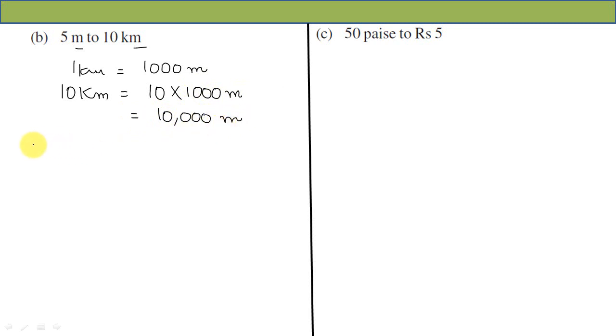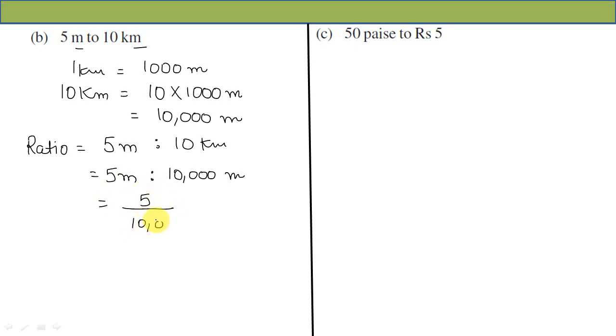So now we can find out its ratio because the units are same. So we will write ratio is equal to 5 meter to 10 kilometer. In place of this 10 kilometer, now we can write down 10,000 meter. Now this can be further written as 5 upon 10,000.